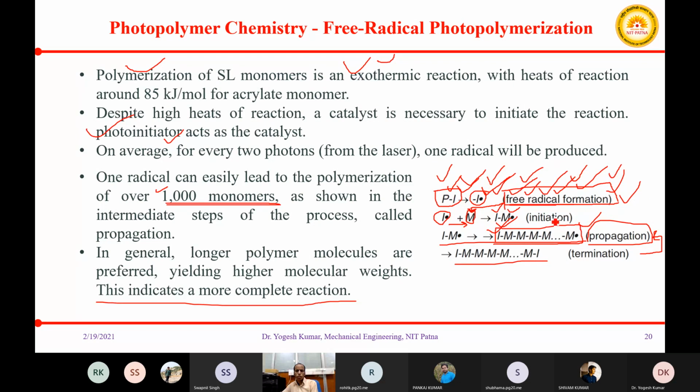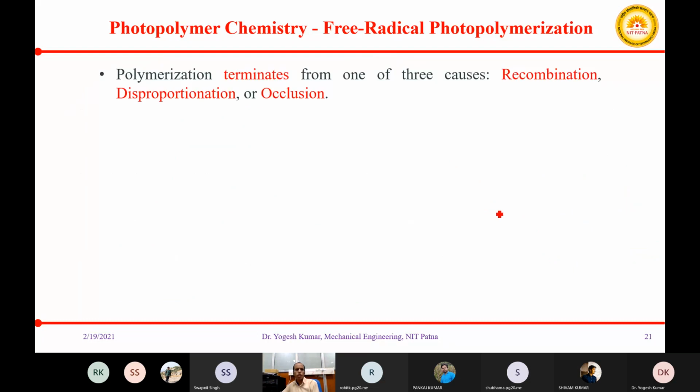As soon as this process is completed, or the amount you have decided, if your free radicals are sufficient, you will stop exposure of your UV laser. Moving ahead, we will try to understand how the termination process takes place, because since there are no free radicals available, obviously this process will stop after a certain time.